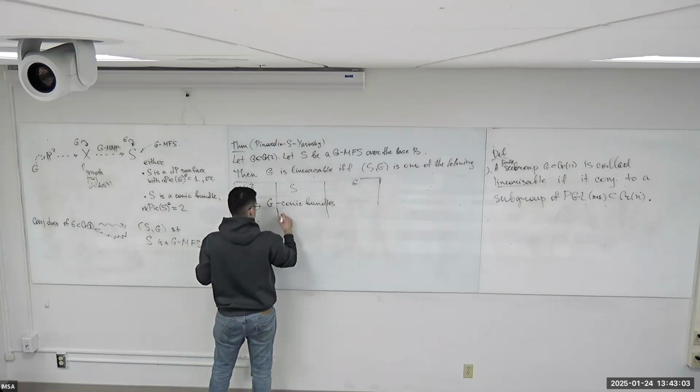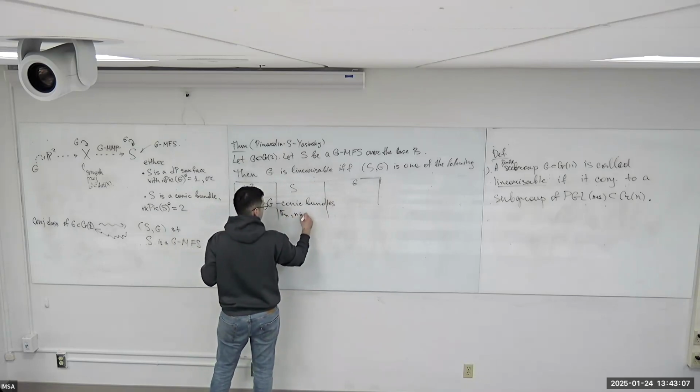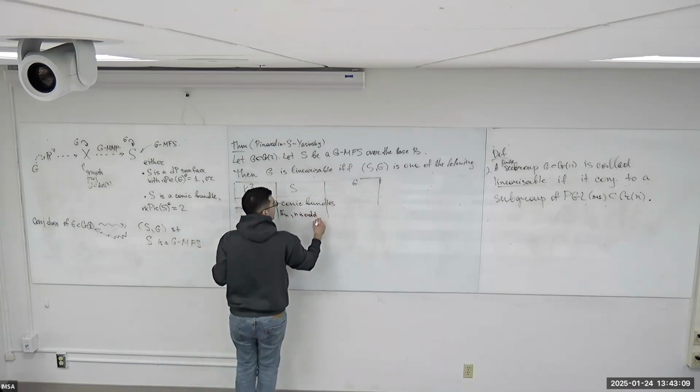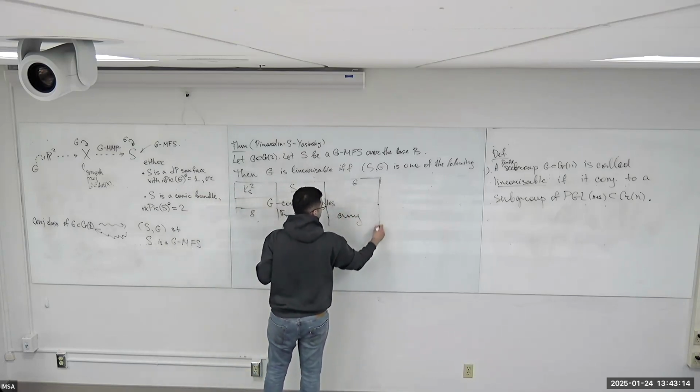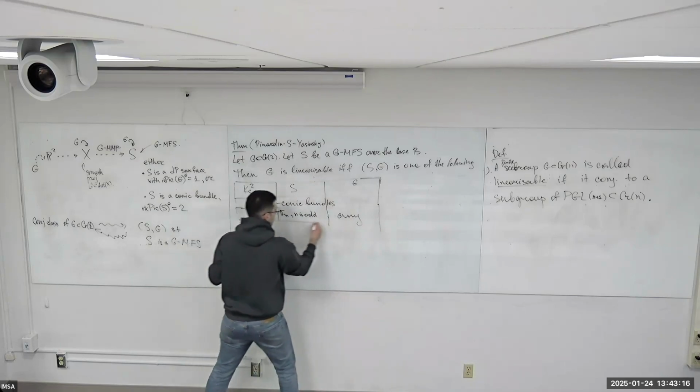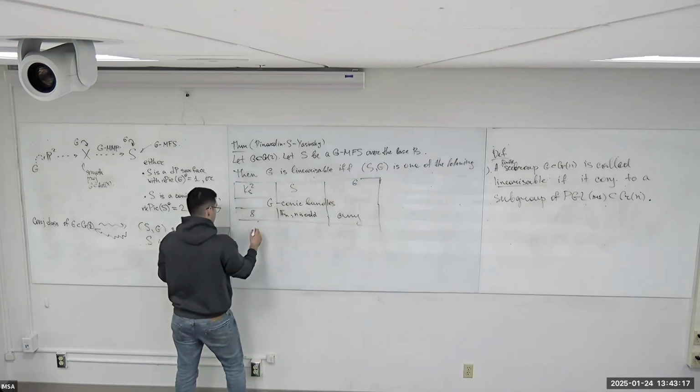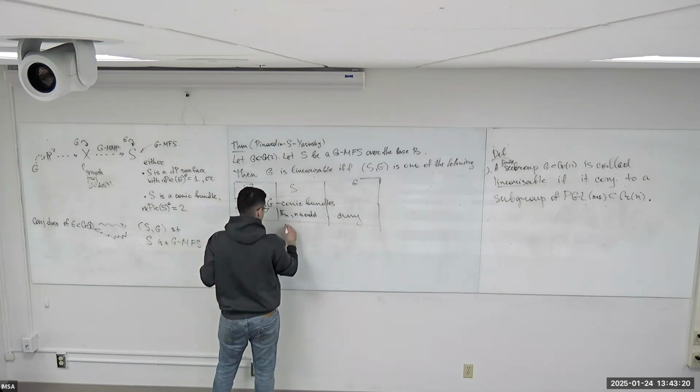So it'll be Fn with n odd, and any group is just linearizable. Then degree 8, Fn with n even.